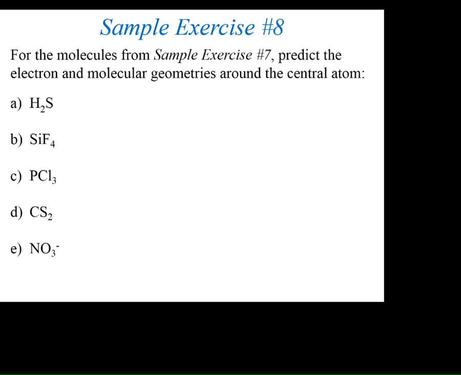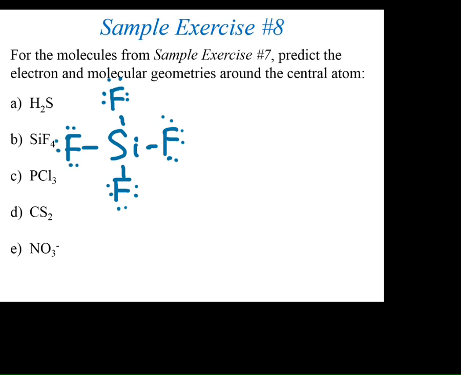SiF4, so we drew it last time, and it looked like this. And then a whole bunch of lone pairs. Now, yes, we had all those lone pairs, but they don't really matter because they're not on the center atom.